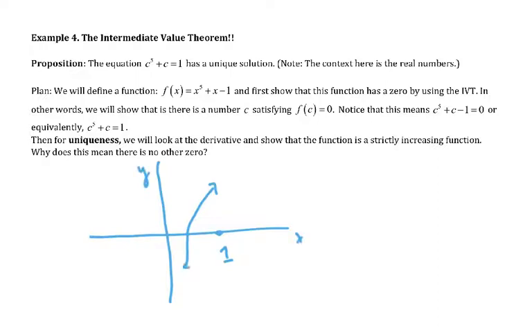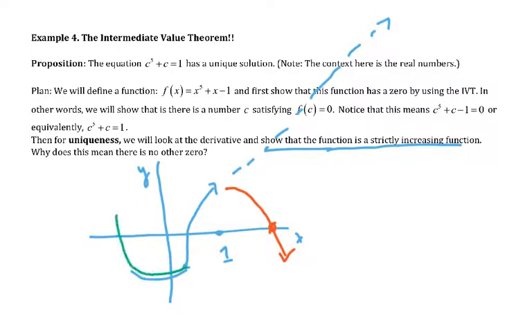Now, if we can show that the function is strictly increasing, that means it's always going up, and it never turns around to come back down, and there would be another 0 if that happened. It also never does this on the other side. So for uniqueness, we need to show that this function is strictly increasing. And for that, if we can show that f prime of x is greater than 0 from negative infinity to infinity, we will have uniqueness.